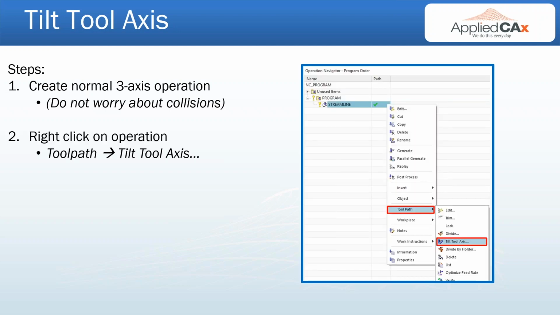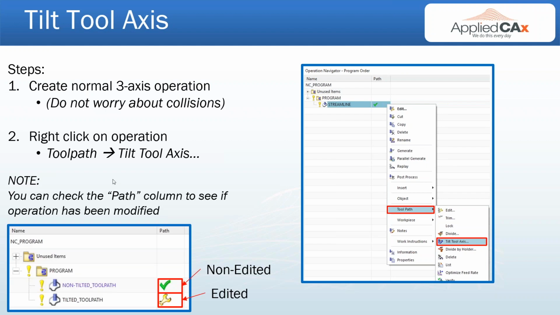And then once you have the toolpath operation programmed, you just right-click in the program order view in the operation navigator and go down to toolpath, and then there's a little option that says tilt tool axis. One thing to note is because this is after the operation is generated, it is editing the toolpath, and so if you regenerate the operation, the tilt tool will go away, and you can check by checking the path column.